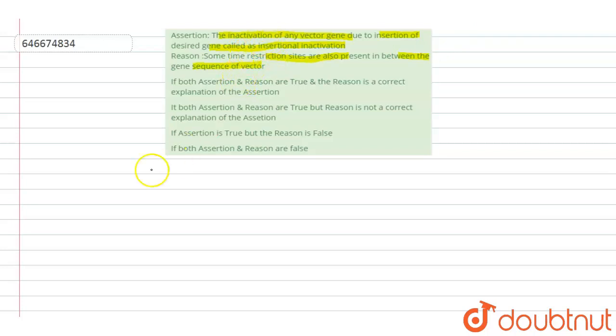of the assertion. So let us understand insertional inactivation.